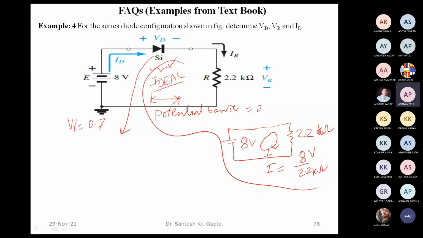That means the internal potential barrier of the silicon diode is opposing the external voltage source.